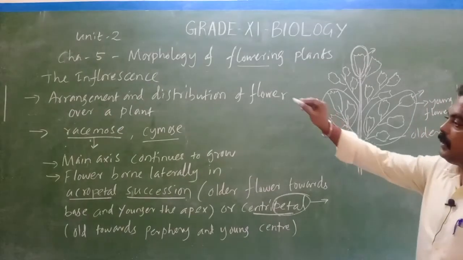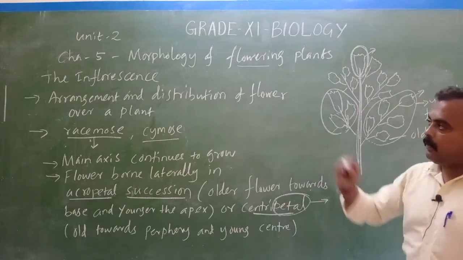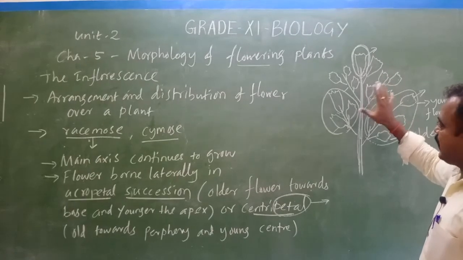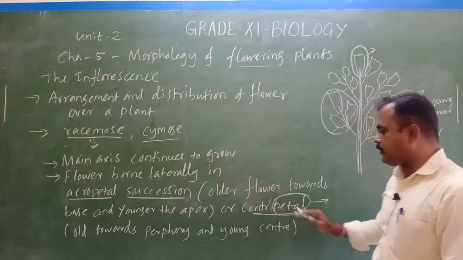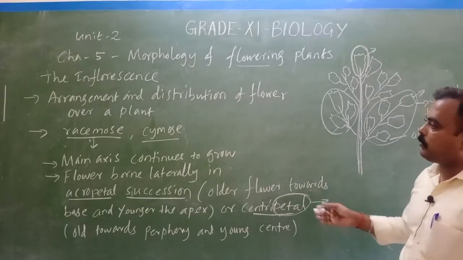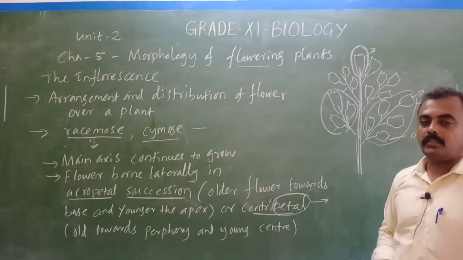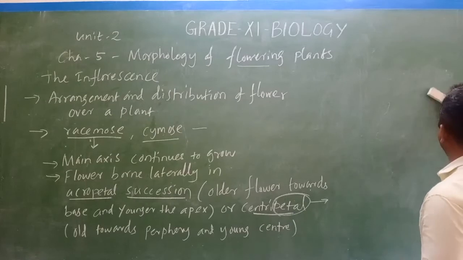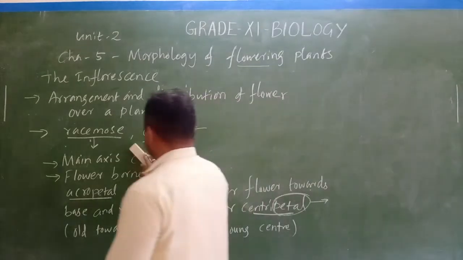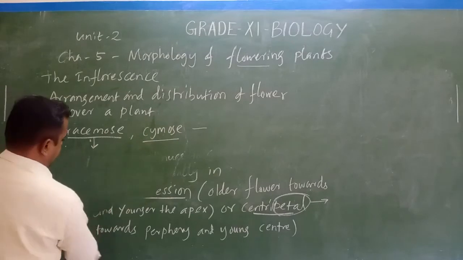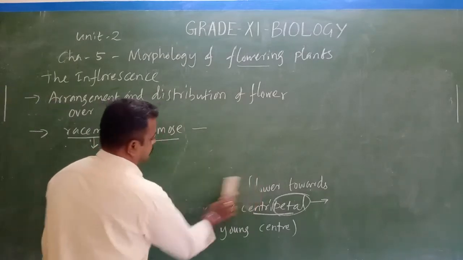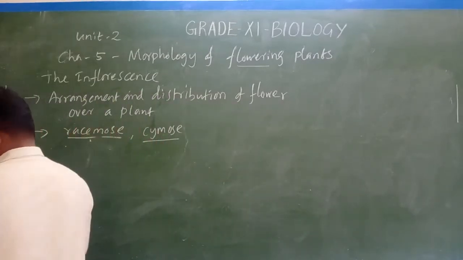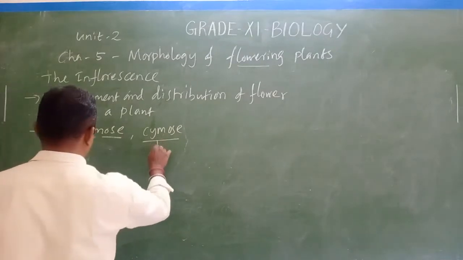Okay, so in the racemose inflorescence, the arrangement and distribution of flowers in the racemose types is like this. One is acropetal and another one is centripetal. Next we are going to see cymose. What is cymose?